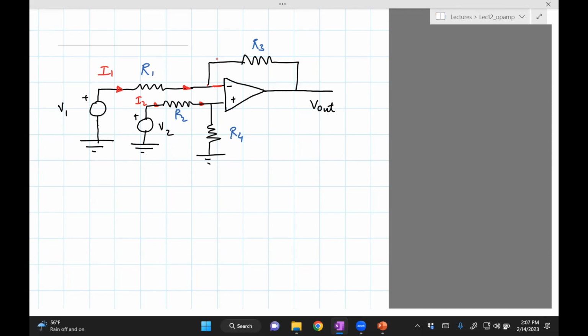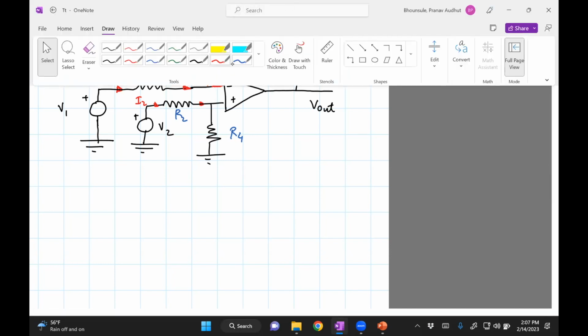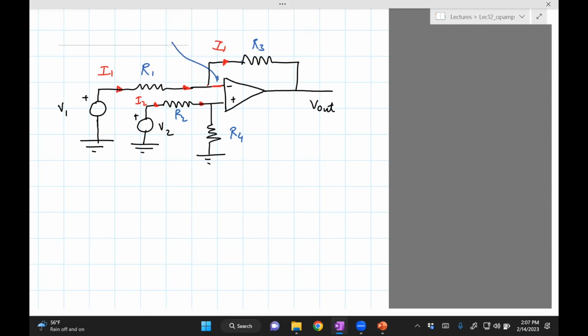So instead of trying to write another value for the current in this branch, just to save myself time, I'm going to write the same current here because the current here is 0. I plus equals I minus equals 0.